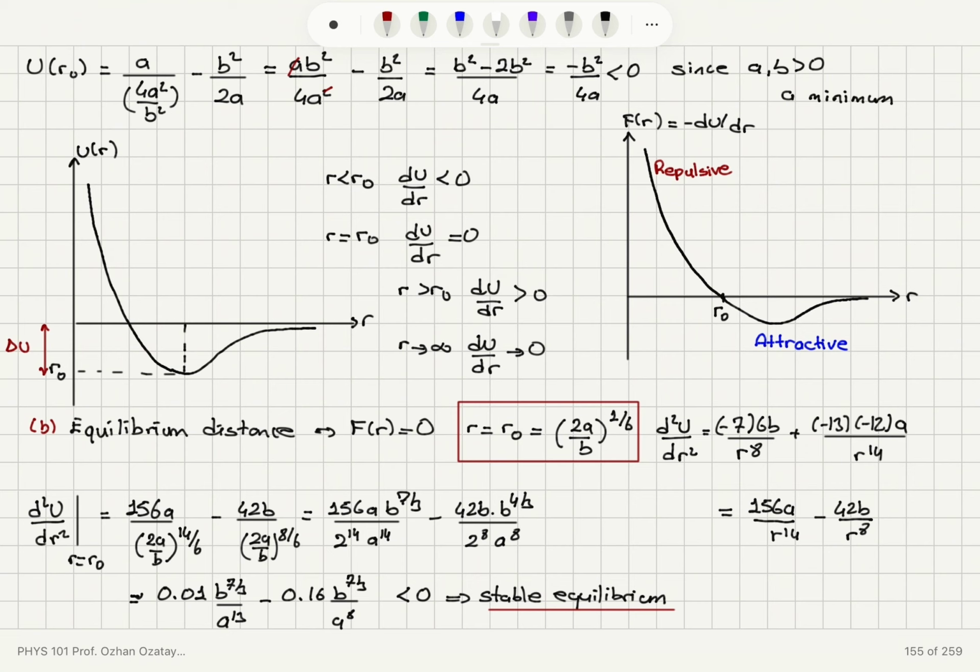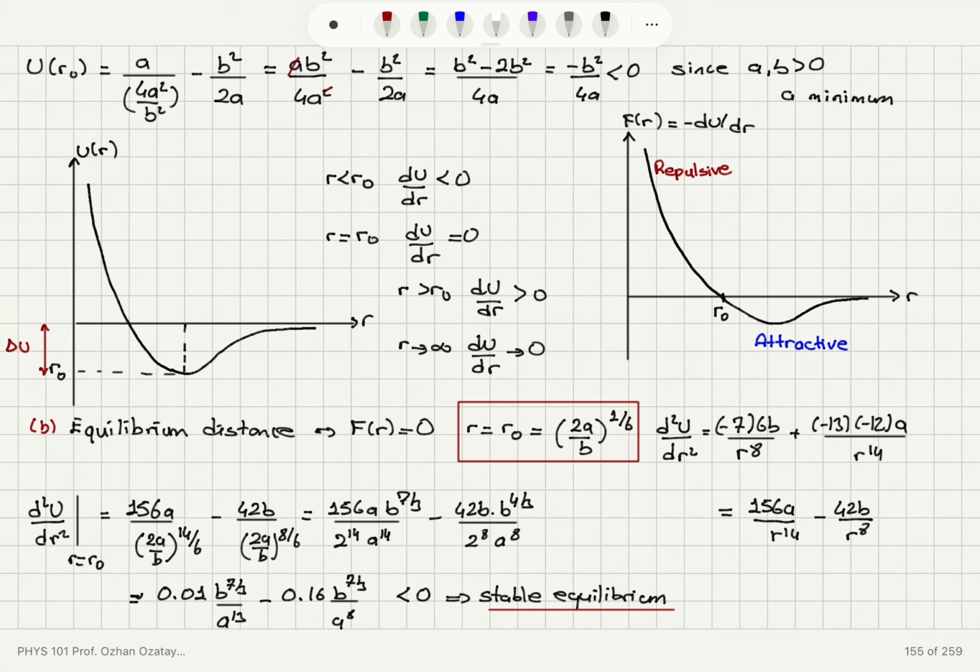Then at R0 we have a zero derivative, which means the force is 0 here, and then the derivative is positive initially. That means we have a negative force, and then eventually the derivative goes to 0, which means the force goes to 0 at infinite separation. So we see that we have a repulsive region and an attractive region between the two atoms.